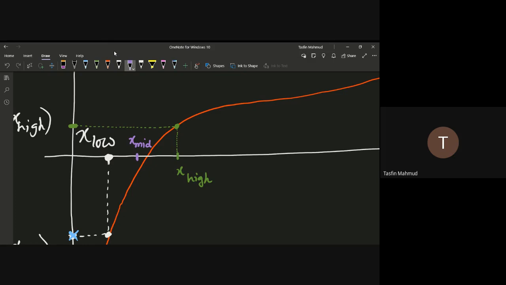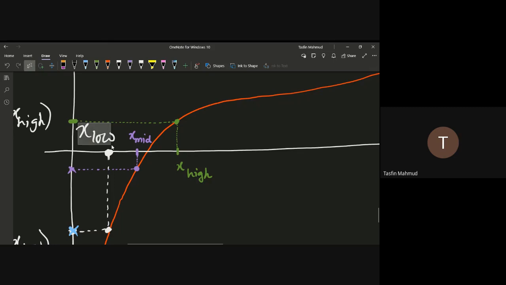So if we want to determine the function value here, we can see the function value is negative. So we will compare whether for x high the function value was negative or for x low the function value was negative. We can see for x low the function value was negative, right?